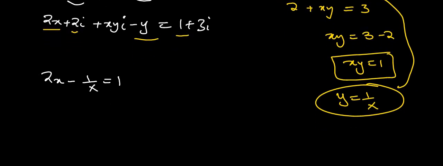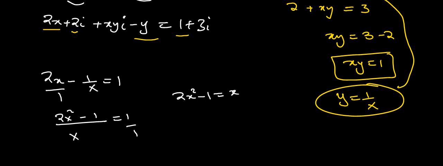Then from here now, I can do up the common denominator, which is x. Then I'm going to have 2x squared minus 1 is equal to 1. Cross multiply, 2x squared minus 1 is equal to x. Then 2x squared minus 1 minus x is equal to 0. So 2x squared minus x minus 1 is equal to that.